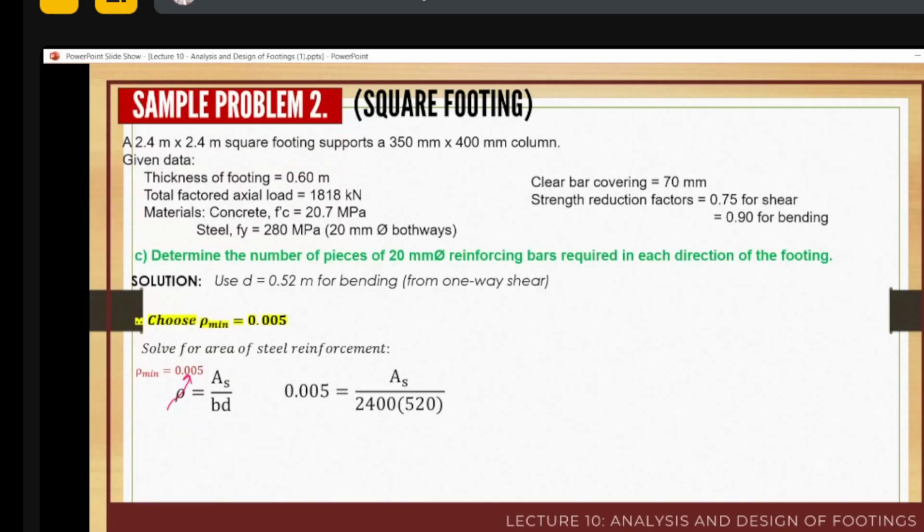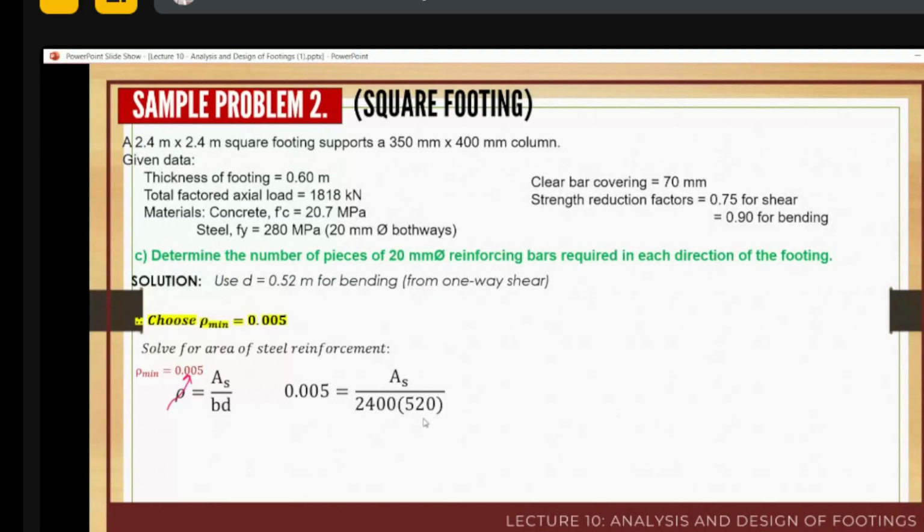So instead of now, our area of steel is equals to rho bd, then since our rho minimum governs because the computed rho value or steel ratio is smaller than the rho minimum, which is 1.4 over fy, katong pinakagamay, di ba? Sa duha ka formula sa rho min. So we use 0.005.